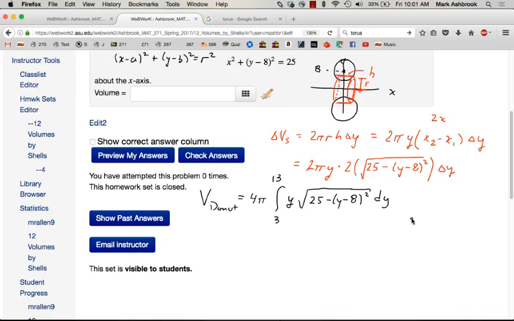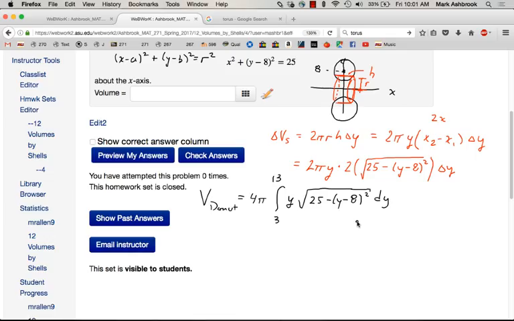So notice what we have: the square root of 25 minus something squared. That should remind you of something. Tables, right? Remember, a squared minus x squared was one of those forms in the table. But we've got y minus 8 squared.